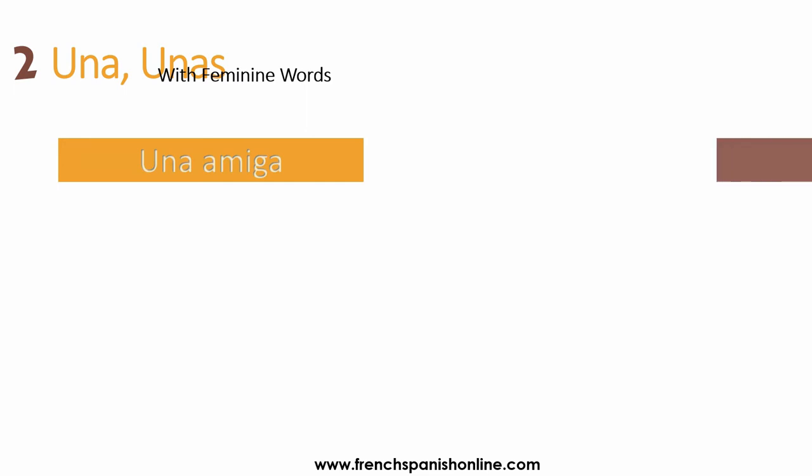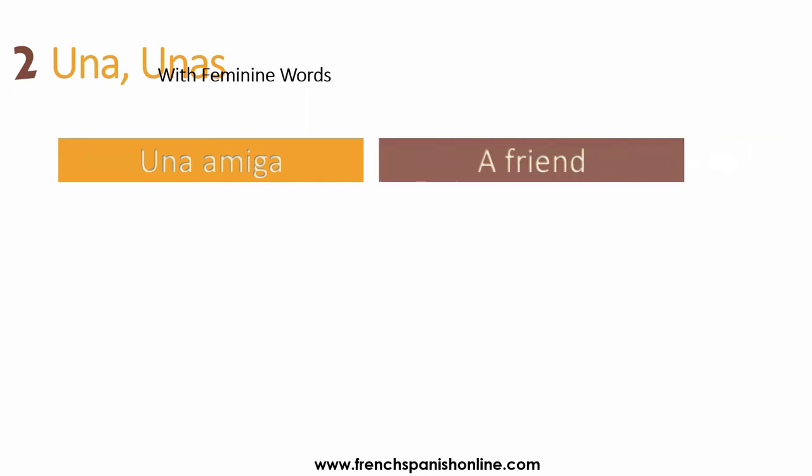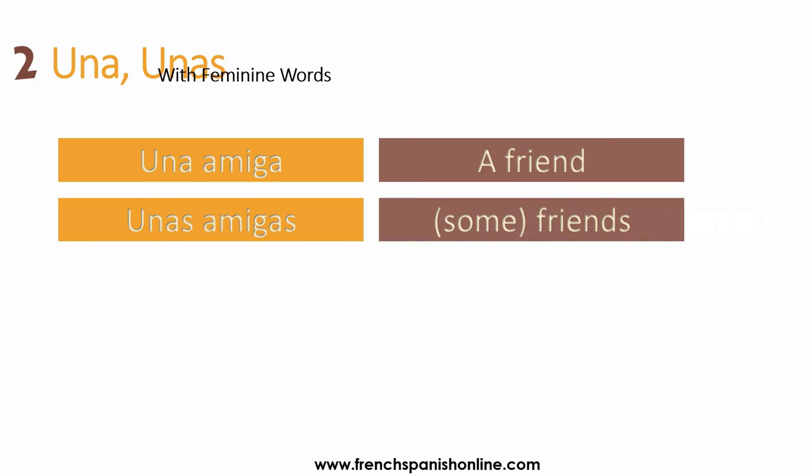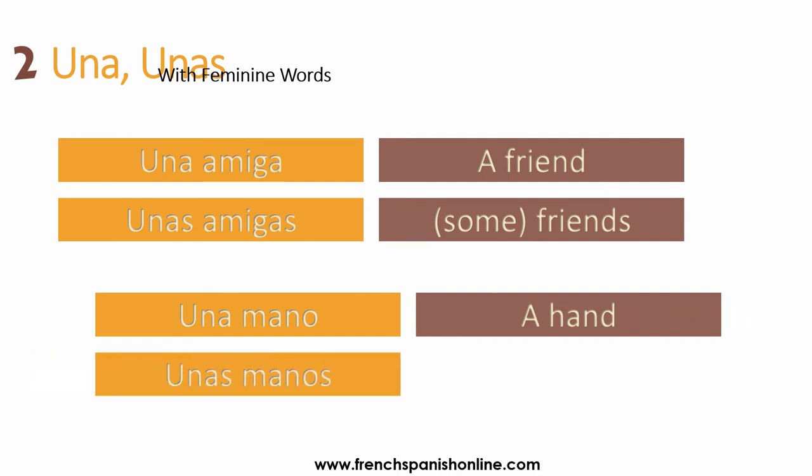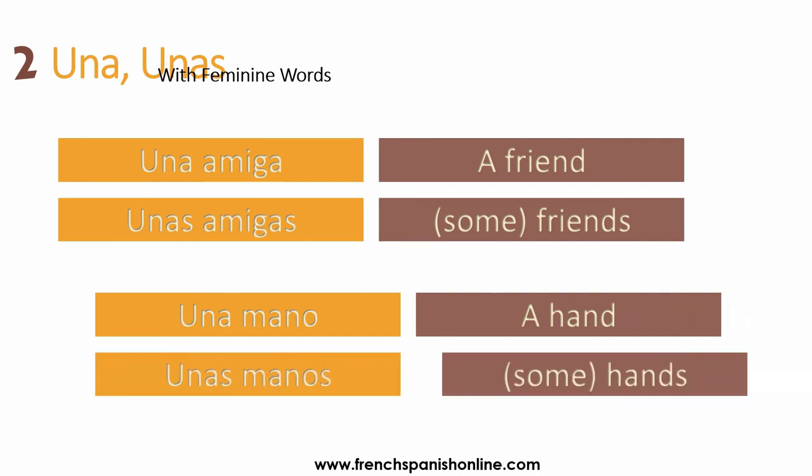Una amiga means a friend for a girl. The plural form, we've got unas amigas. The meaning is friends or some friends, for girls again. Una mano, a hand, the same thing. Unas manos, to say hands or some hands.